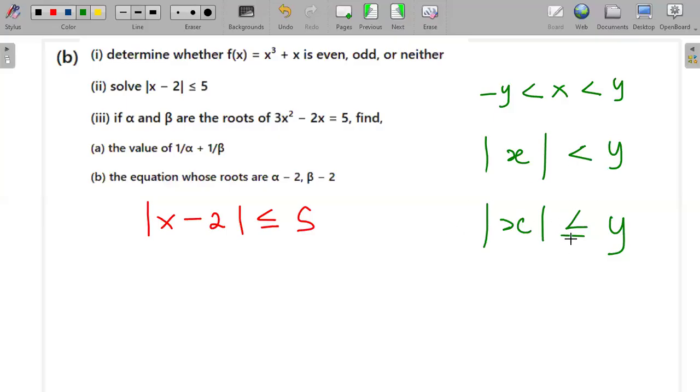As long as you have less than or less than or equal to, it will be minus y less than or equal to x less than or equal to positive y.